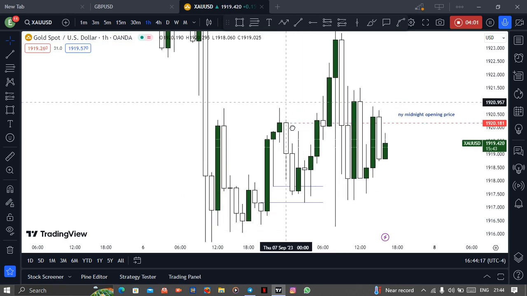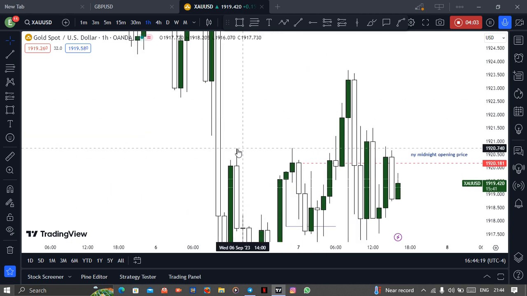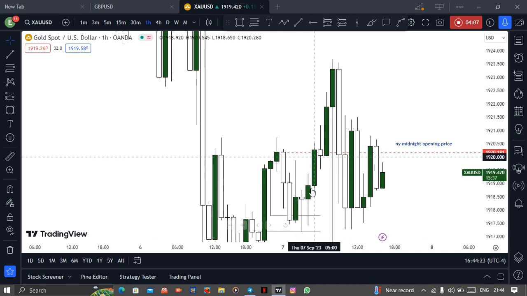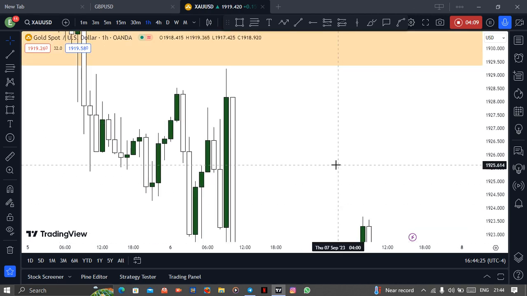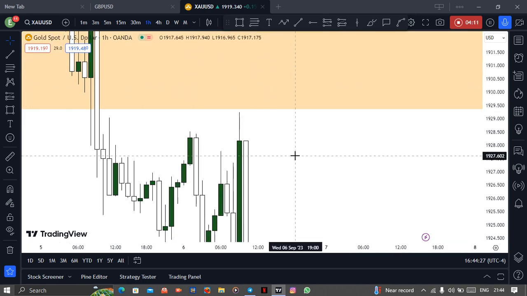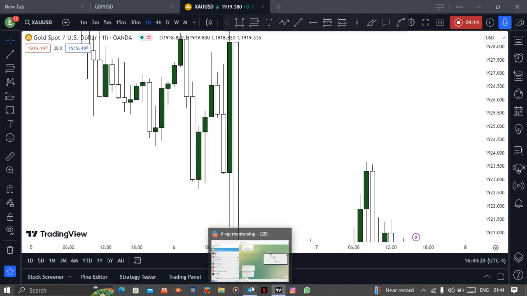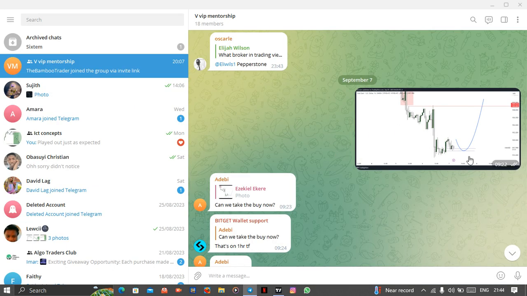So I looked above and I saw this buy side liquidity. These are equal highs. So the market draws to liquidity, and then this was the area I was expecting price to go to. So I went to my channel and I actually gave them a buy signal. Though I never said anyone should buy, but I just expected price to give a bullish move.